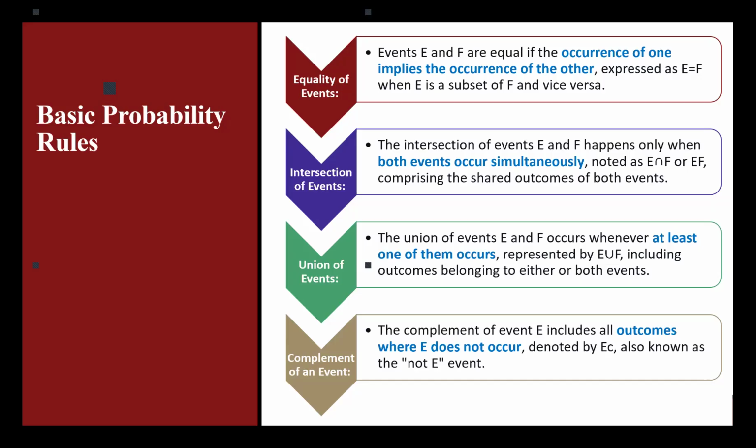Now, next one, the union of events. We called it summation before, that OR situation. The union of events, for example E and F, is when either one of them would happen.